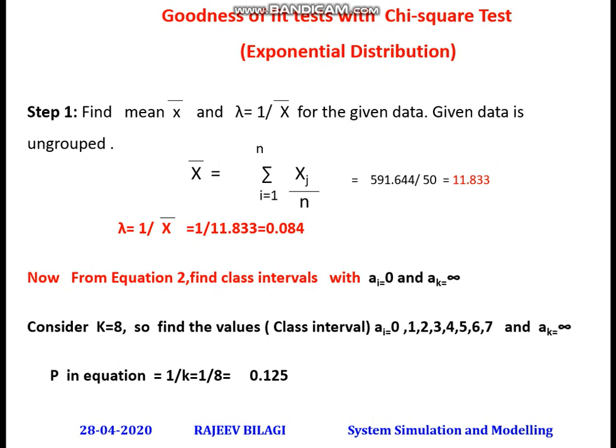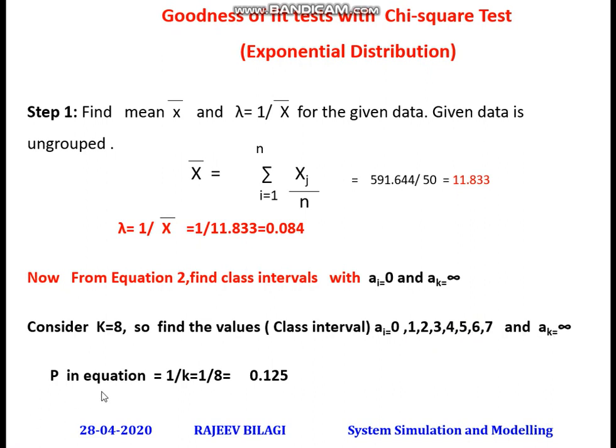If you want 8 intervals, your a_i values should be like 0 to 1, 1 to 2, 2 to 3, 3 to 4, 4 to 5, 5 to 6, 6 to 7, and by default the last value should be a_k, infinity.